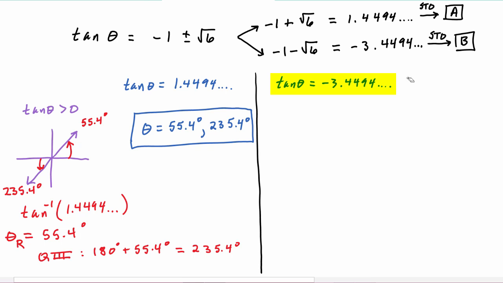Next, we turn to the second piece of the equation here, and here the tangent is negative. So when we draw our picture, we know that means that theta has to be in quadrant 2 or quadrant 4.